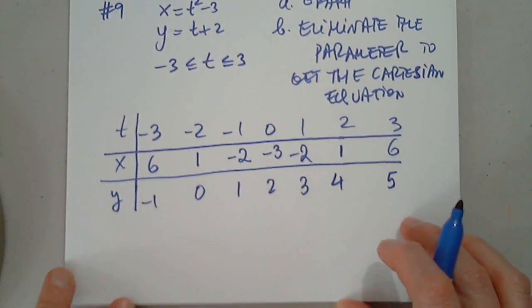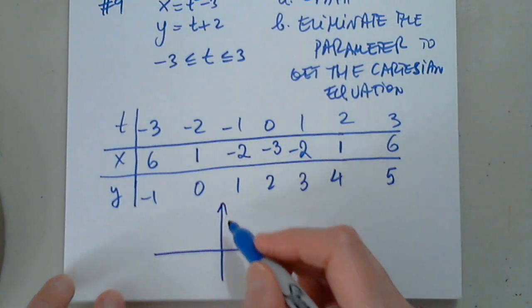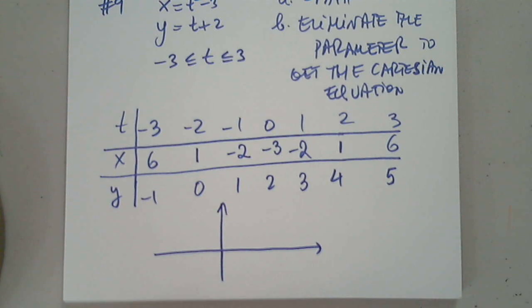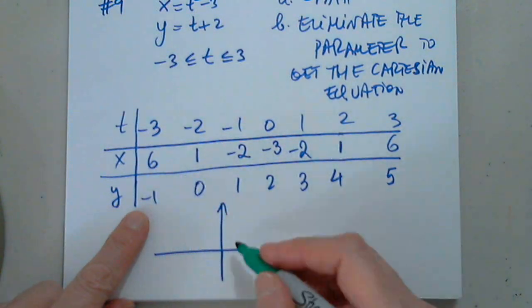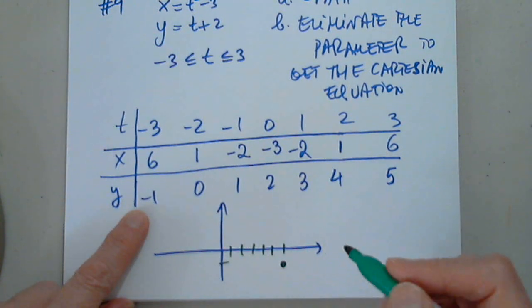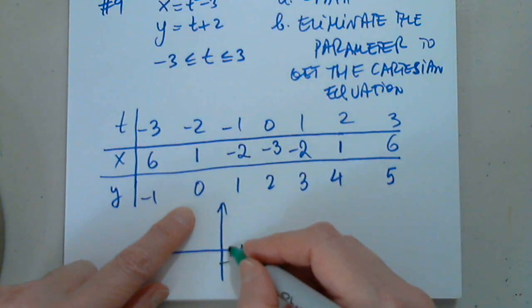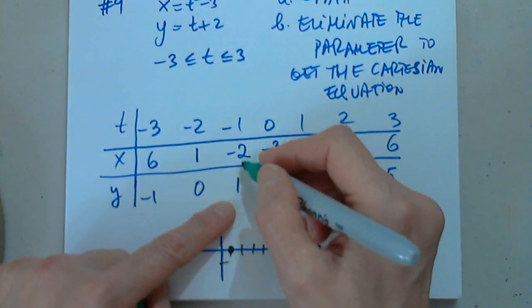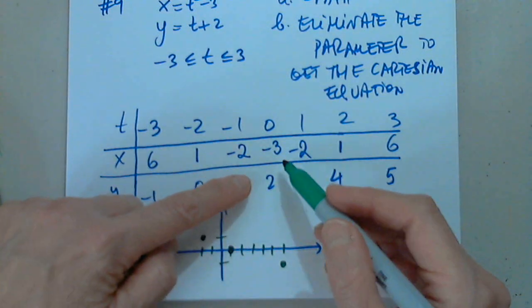Okay, so let's see what we get. Six, negative 1. 1, 0. Negative 2, 1. Negative 3, 2.